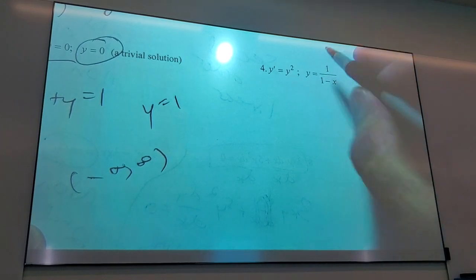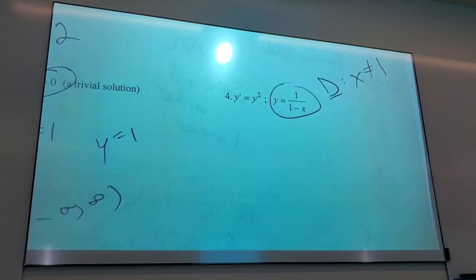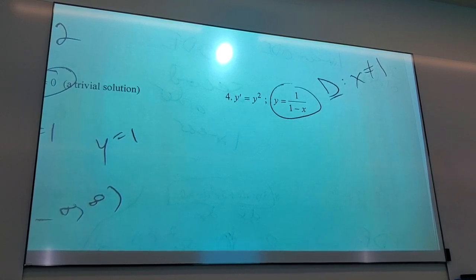Now this one's very obvious. What's the domain of this function? X can't be 1. That's the way I would write it, right? You could write it in interval notation, but that's crazy. So give me one acceptable interval of definition for this differential equation. 3 to 4. I love it.